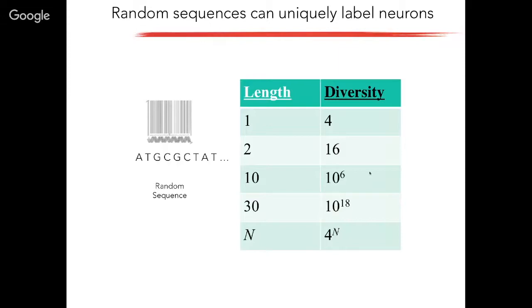And by the time you get up to 30, you get a potential diversity of 4 to the n, I'm sorry, of 10 to the 18, which is vastly more than the number of neurons in a mouse brain, a human brain, or for that matter, even in the human body. So a random 30mer is sufficient to uniquely label every cell in your body with very, very low chance of double labeling.